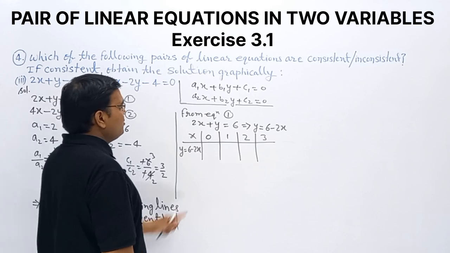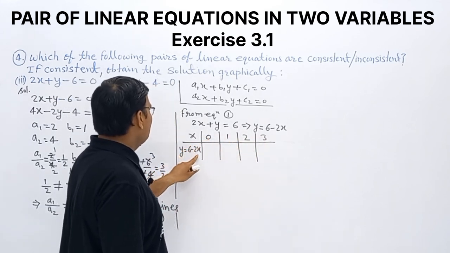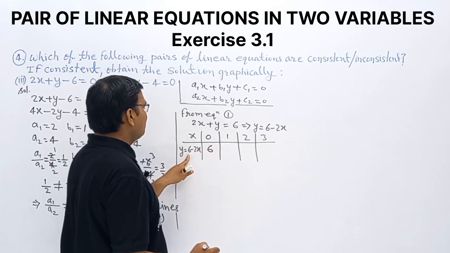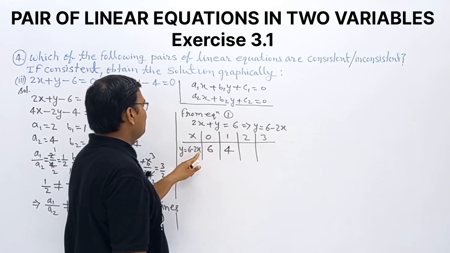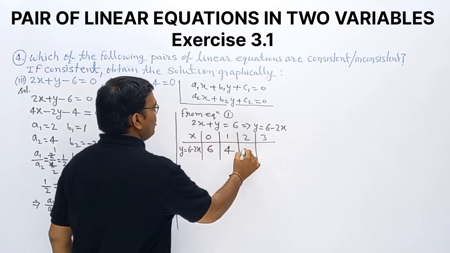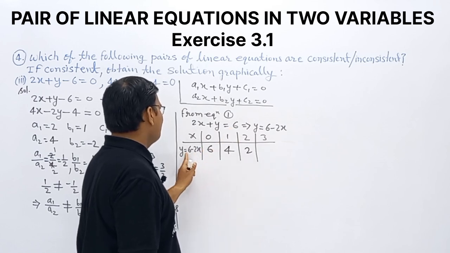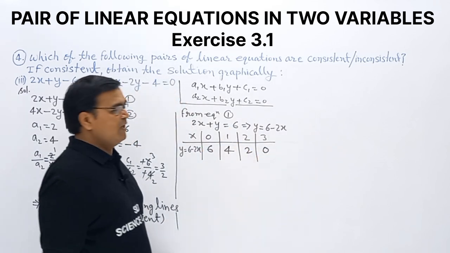Putting x equal to 0, y equals 6. x equal to 1, y equals 6 minus 2, which is 4. x equal to 2, 2 twos are 4, 6 minus 4 is 2. And x equal to 3, 3 twos are 6, 6 minus 6 is 0. Clear?